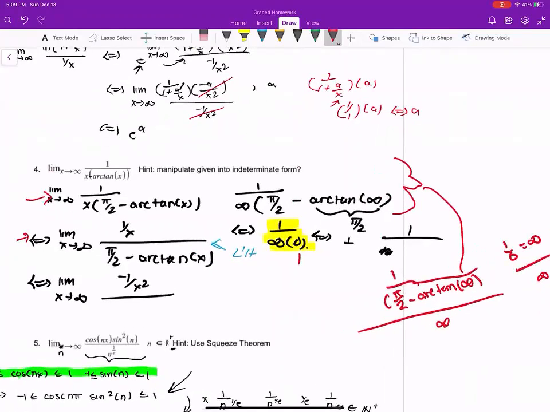But I think if you sub in infinity here, we get this form. So I don't know how that equals pi over 2. Yeah, the inverse tan of infinity equals pi over 2. Yes.